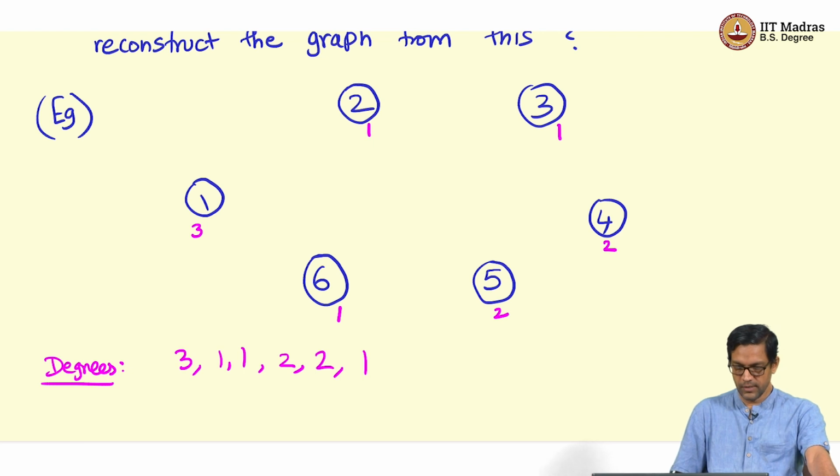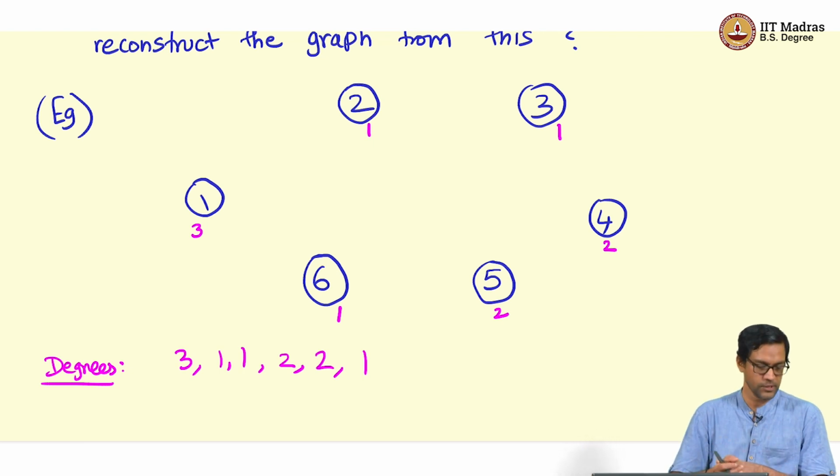Okay, so this sort of problem occurs in many places. This is sometimes called the graph reconstruction problem. Here we are given the degrees, in other instances you may be given other pieces of information, and the question becomes to what extent is that information enough to determine what the graph looks like.